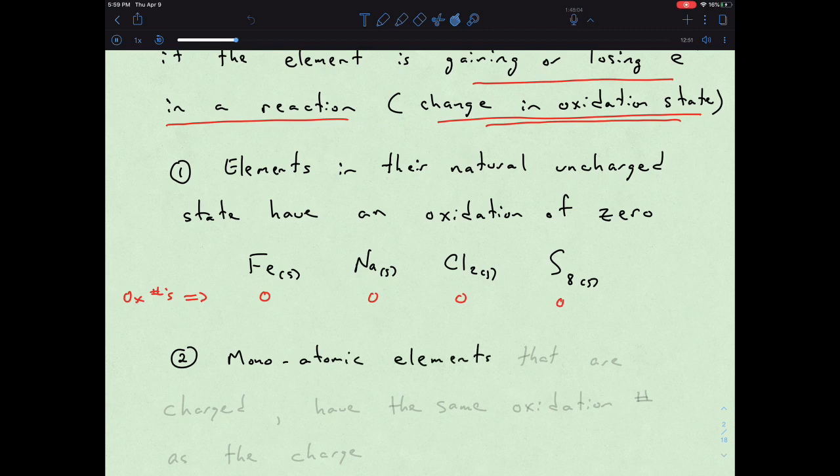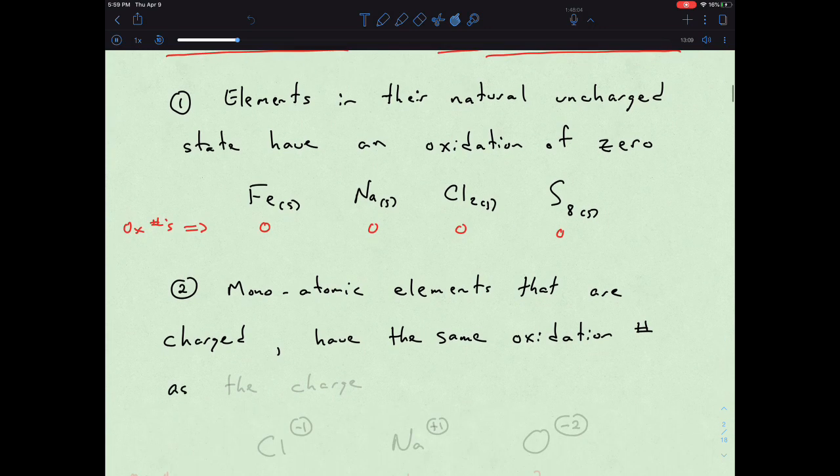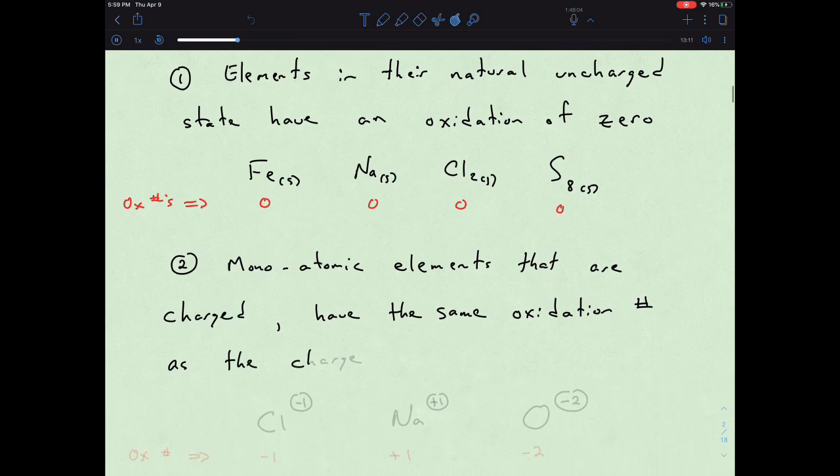Monoatomic elements that are charged have the same oxidation number as the actual charge.